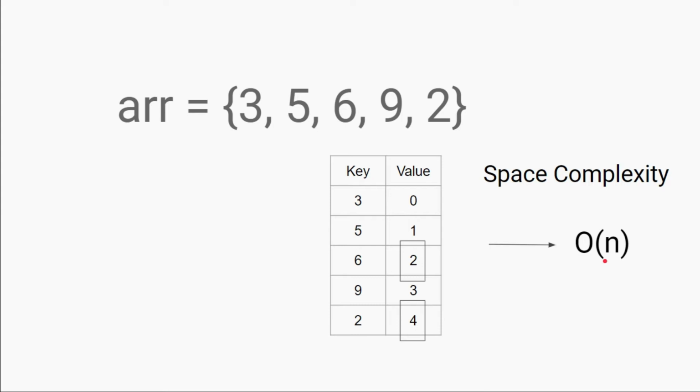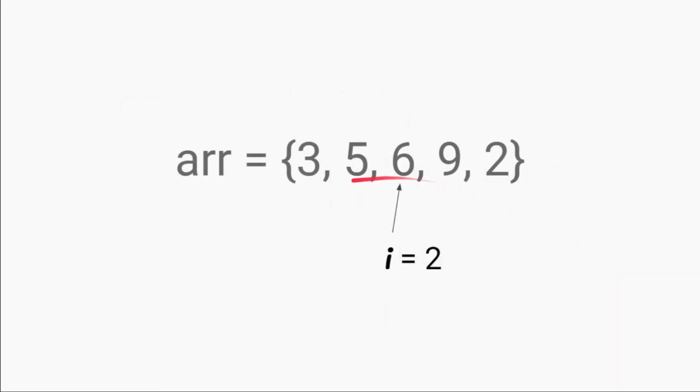Instead of using a hash map, we can simply return the index of the value as soon as we encounter it. We are iterating over the array for storing each value in the hash table, so instead of storing them in the hash table, we can immediately return the index of that value. This will save our extra space.